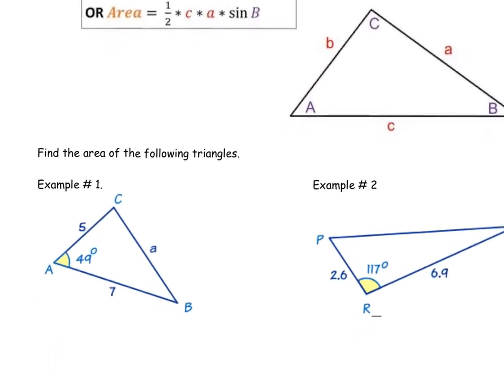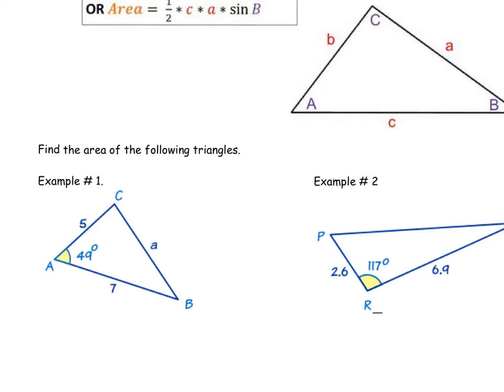Let's take a look at example number 1. I have 5, I have 7, I have 49 degrees. So area is 1/2 times 5 times 7 times the sine of 49. We know 5 times 7 is 35, so area is 35 sine of 49 divided by 2.